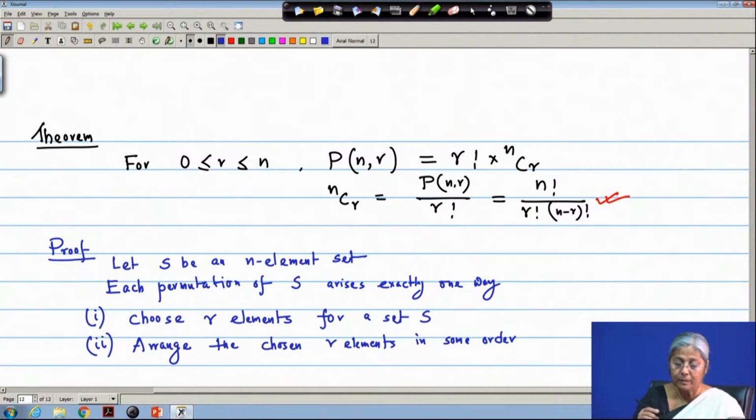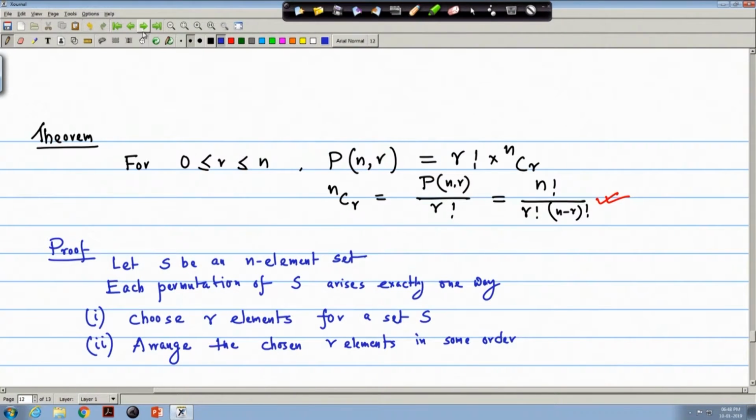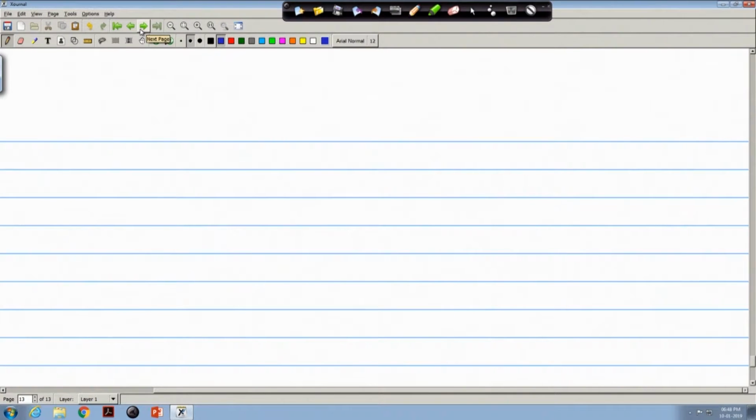Now, we see how we can write. If we see the first one, choose R elements from a set S, this is nothing but my definition of R combination of n elements.